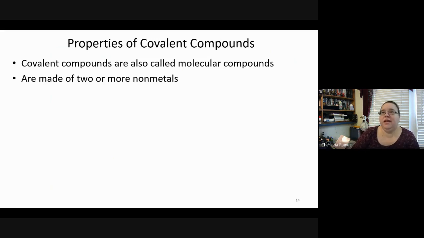Now, the nice thing about our covalents is there's no metals. So we're looking at predominantly two or more nonmetals. Yes, we know that our metalloids can form covalent bonds. 99% of the time, our metalloids and a non-metal are a covalent bond as well.